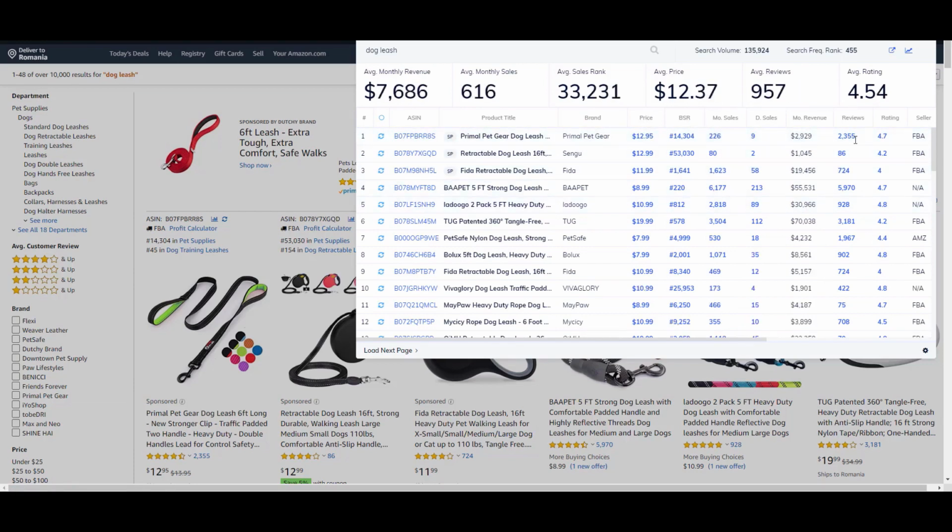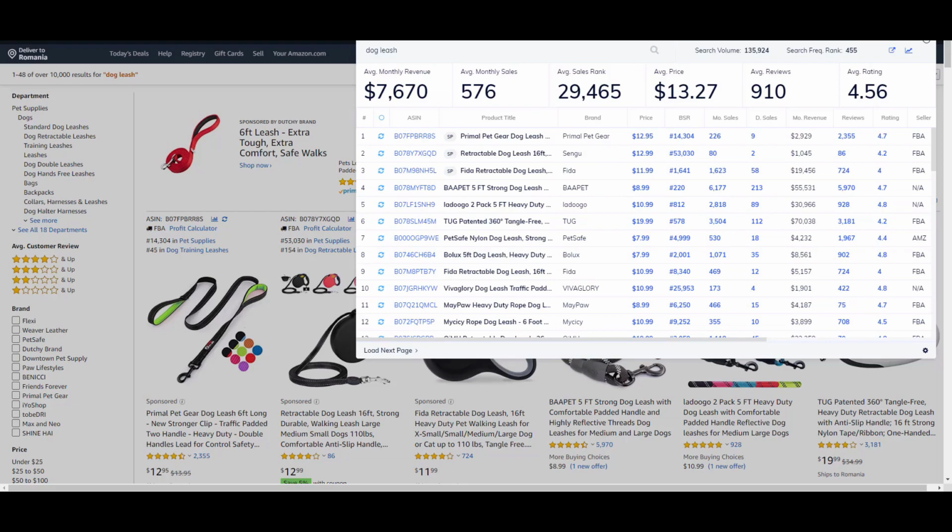I'm looking at the revenue, I'm looking at the reviews. Maybe I look at the averages, average price, average reviews, average rating, and I decide dog leash is not a good opportunity because the average reviews required to compete here are just too high. I see too many products with over 1,000 reviews. So sourcing a dog leash as a product is a bad idea.